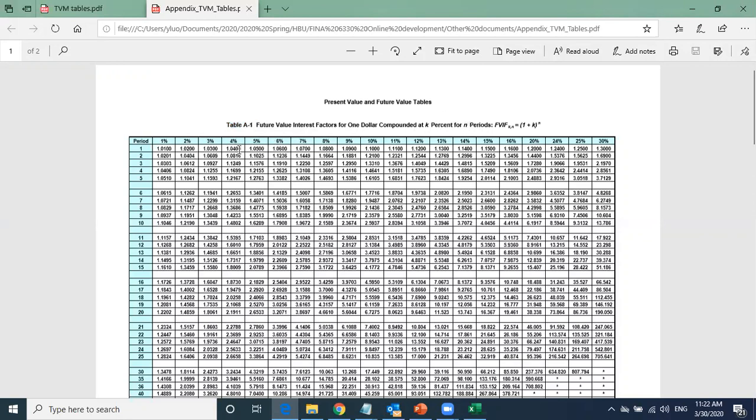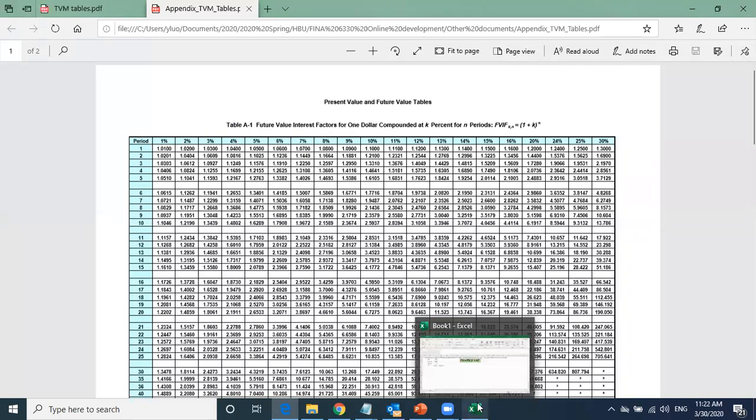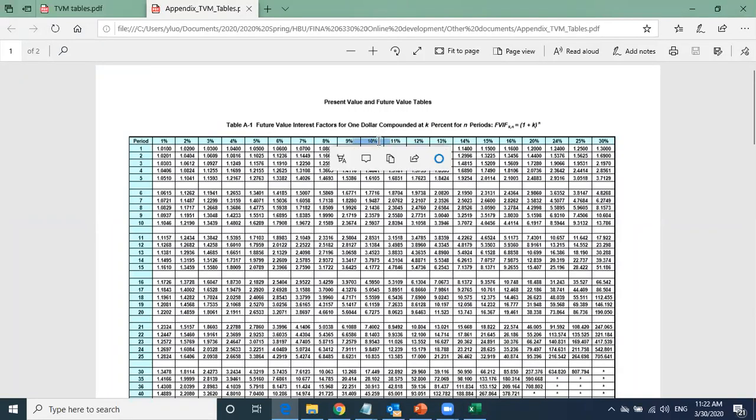We look at the first row to find the interest rate, which is 10%. Then you go down to 5 years.